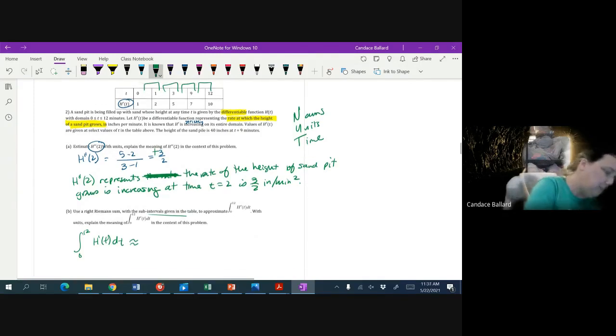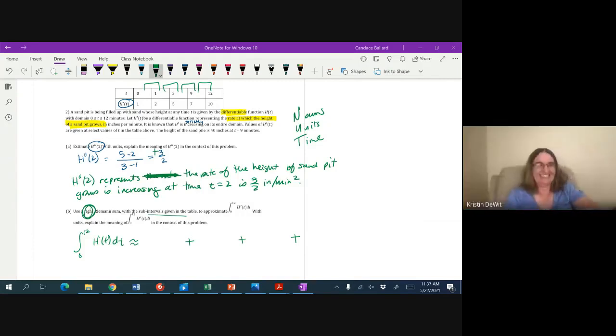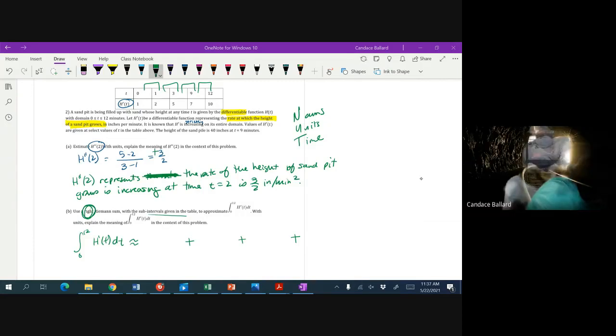I probably do this a little differently than other teachers do, because this is just the way my brain works. I'm coming at it from the right, so I am going to start writing things from the right, so I remember that I'm coming from the right. I don't draw the rectangles. I know Mrs. DeWitt likes to draw rectangles. I look at the distance in between, to get my base and my height of my rectangle.